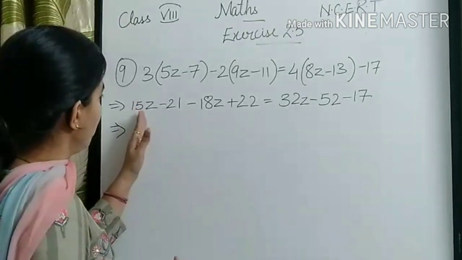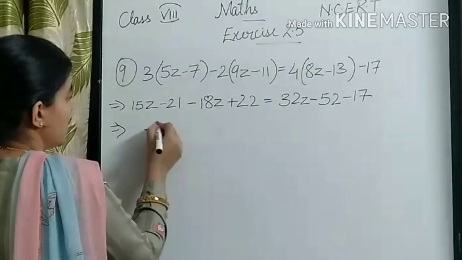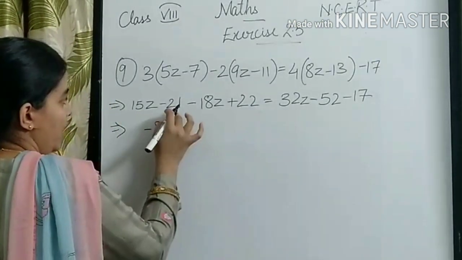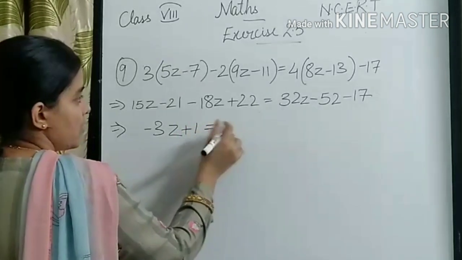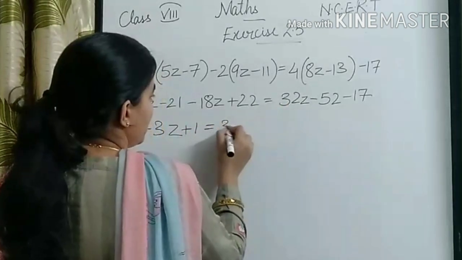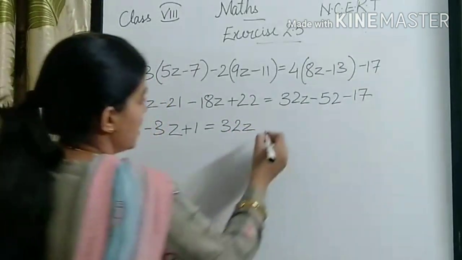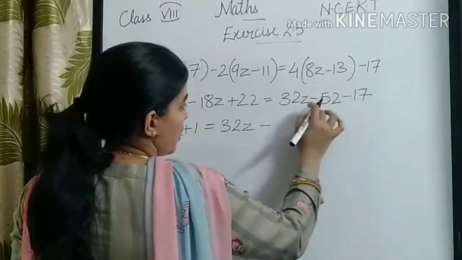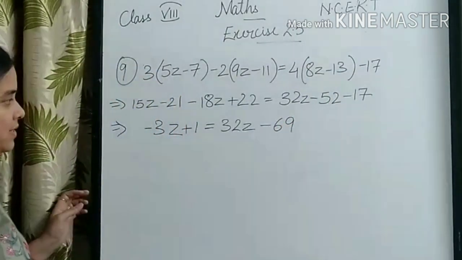First you can solve this one. 15z minus 18z. It will give us 3z. Minus 21 plus 22 plus 1 is equal to, here it is 32z. There is no like term, so we will write it as it is. Then minus, because they both are of minus sign, we will add them and it will come minus 69.